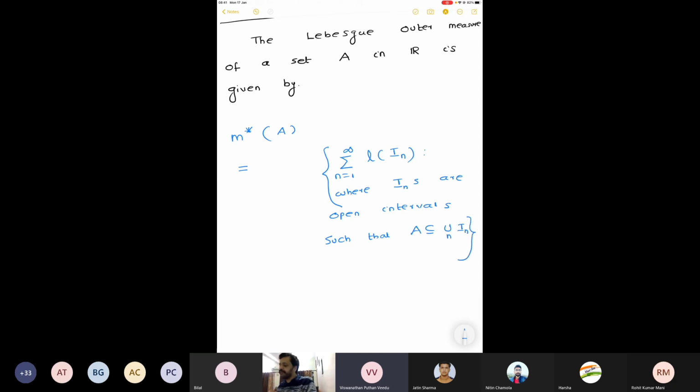And you should do this for each and every possible cover of A and then take the infimum. So this is the definition.